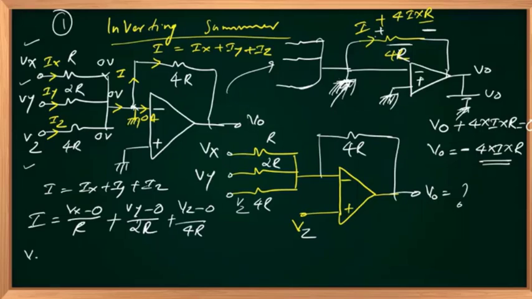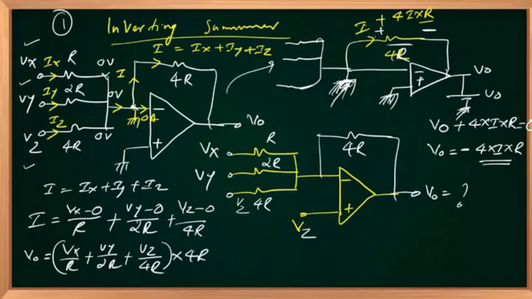So V out is nothing but that current, that is Vx by R plus Vy by 2R plus Vz by 4R, multiplied by how much? 4 times R. So R and R will get cancelled. So it will become with a negative sign.